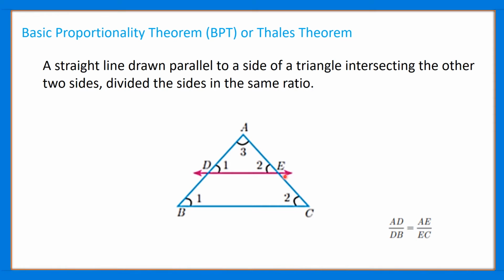That is, if we draw a line parallel to BC, which is marked as DE, then AD by DB is equal to AE by EC. This is what Thales theorem or basic proportionality theorem tells us. A straight line drawn parallel to a side of a triangle intersecting the other two sides divides the sides in the same ratio.